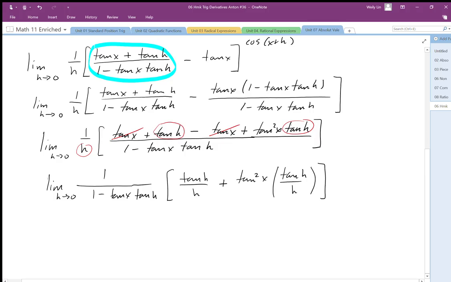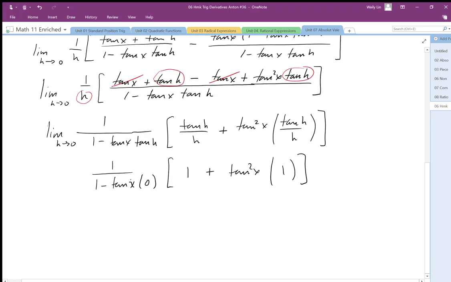At this point I can now apply my limit. This limit is equal to 1, this limit is equal to 1, and this limit is equal to 0. So I'm going to plug in my 0: 1 minus tan x times tan 0, which is 0. Tan h over h is 1, plus tan x squared, and tan h over h is 1.